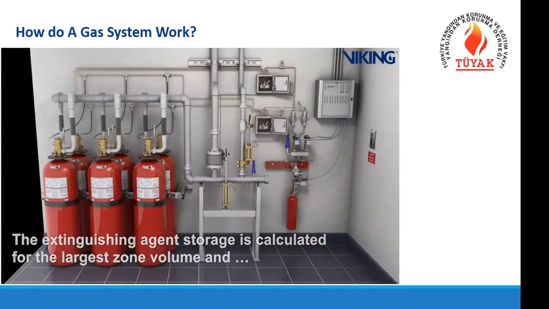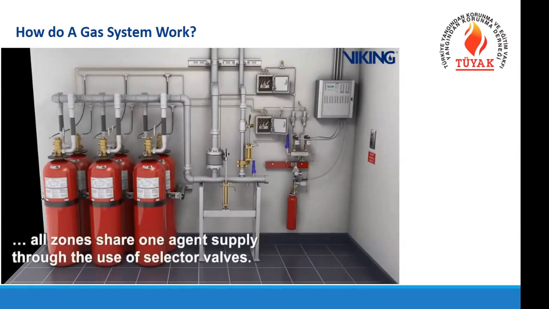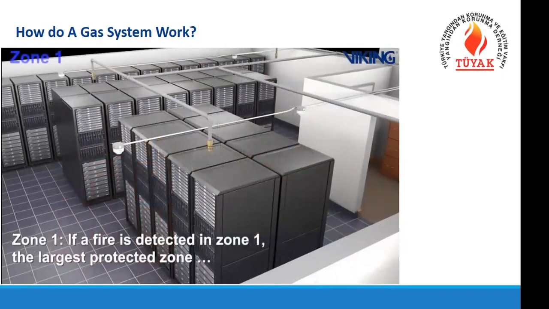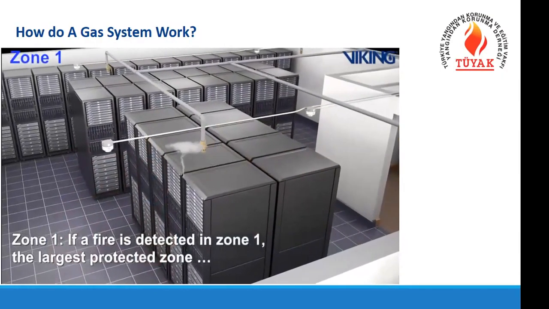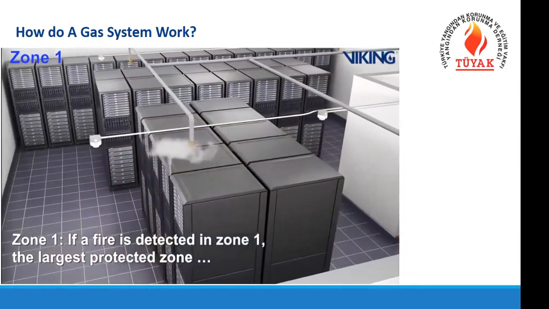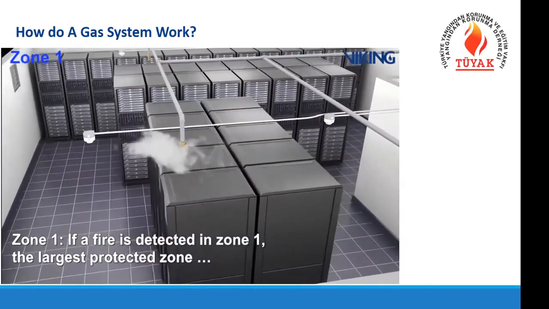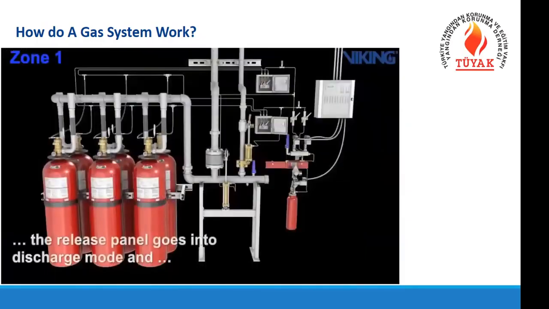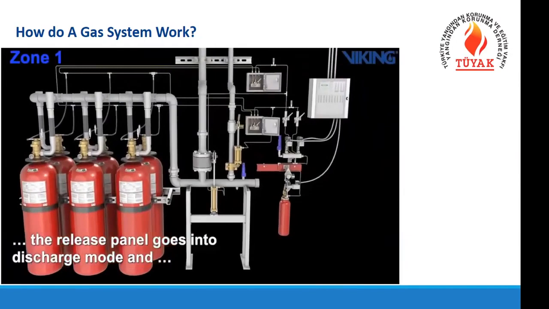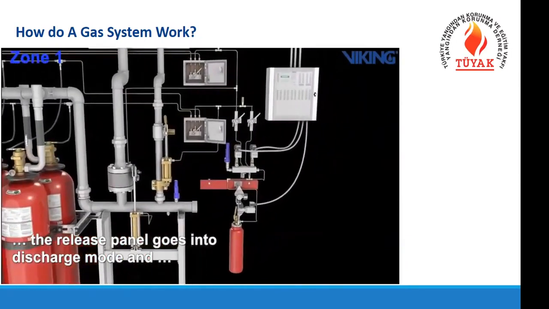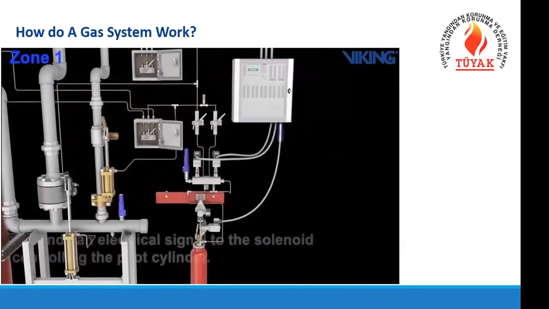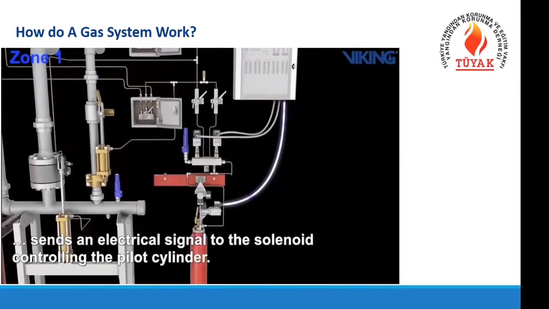So we have a room with the extinguishing system fixed with pipes and directional valves, each servicing a single room. And in the largest zone, the detectors detect the fire with smoke, and send a signal to the panel.